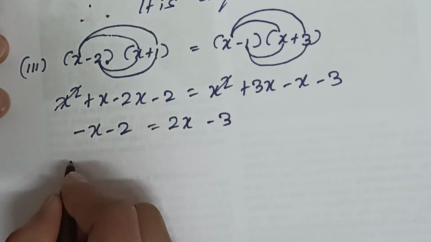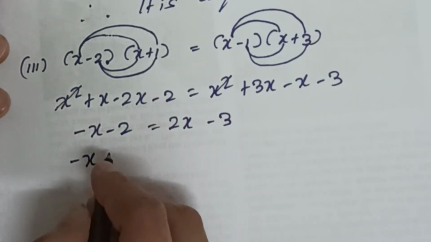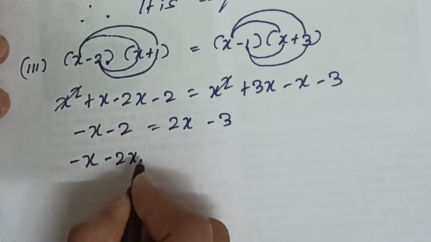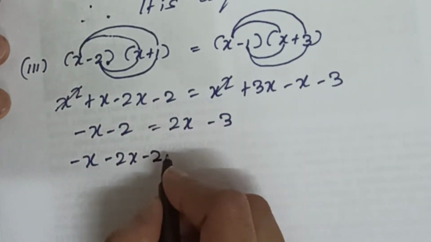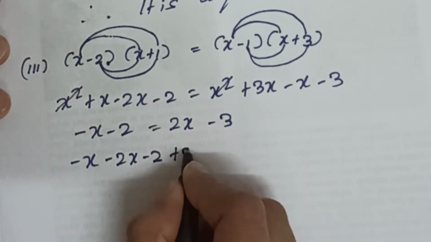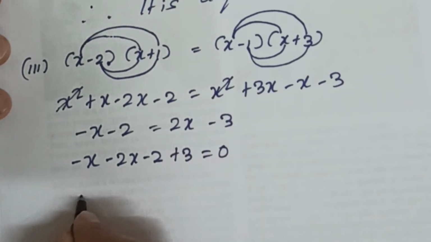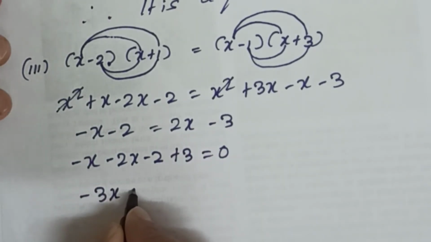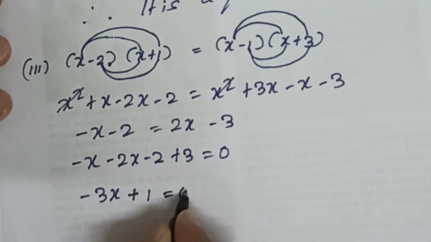Now here we have minus x. You have to bring it to the left hand side, then it will become minus 2x. Next is minus 2. When minus 3 comes to the left hand side, it will become plus 3, equal to 0. We have minus 3x plus 1 equal to 0.